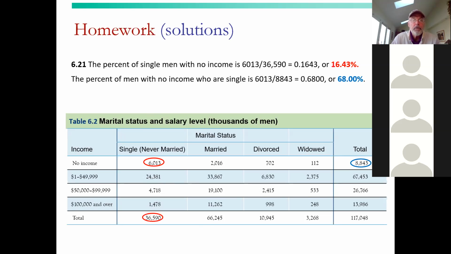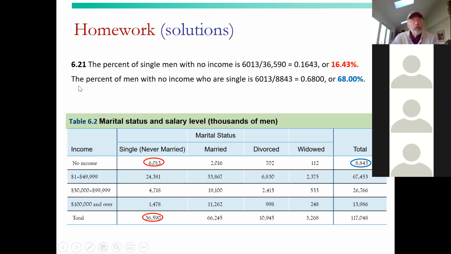Okay, and in this particular case, we want to know the percent of single men and then no income. That's this value right here, but we're going to divide this value right here by the column total that would be associated with single men. And that's what this means as a conditional distribution.